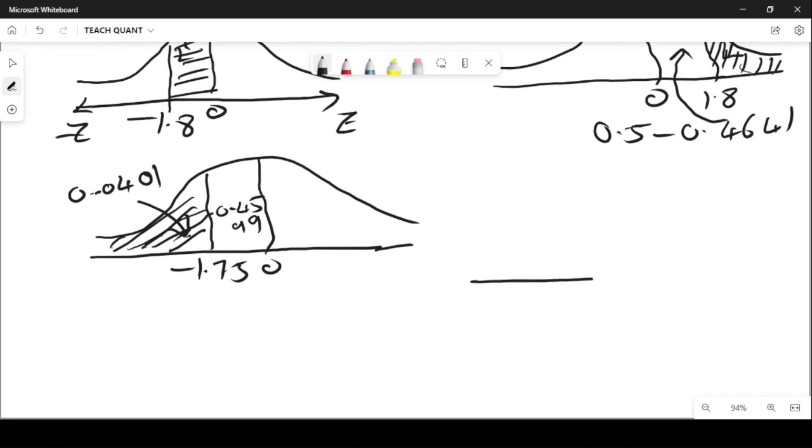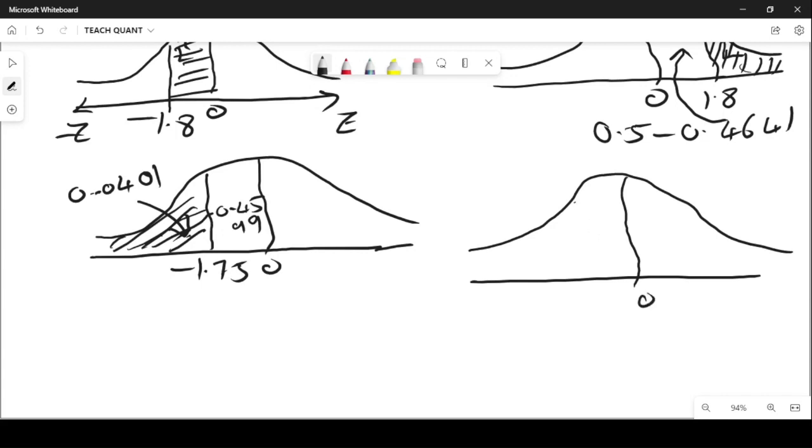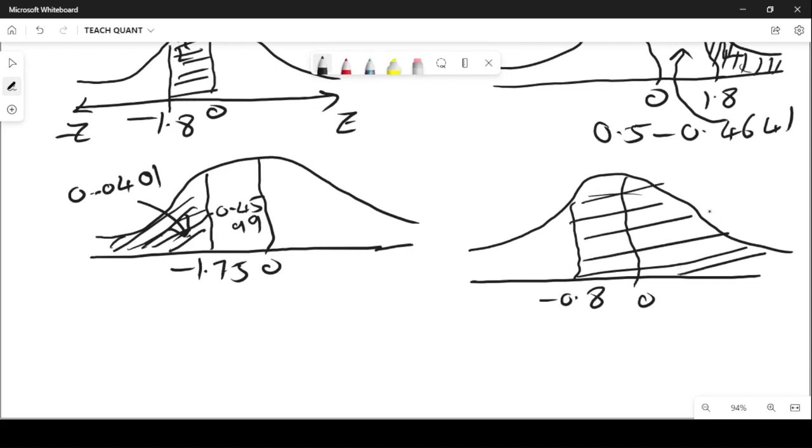Sometimes you're given a bigger margin, and I'll show you another example. Maybe somebody says, can you get us the area of the shaded part? Negative 0.8. Then somebody shades all this. What we know is on the positive, this is 0.5.